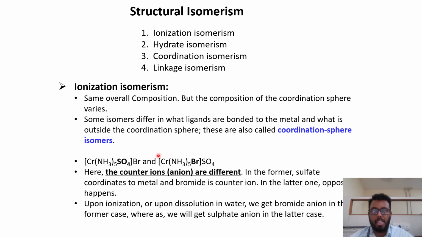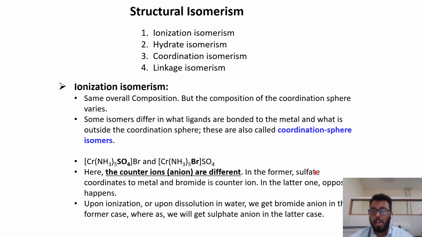As you can see, these isomers have the same overall composition, but the composition of the coordination sphere will vary. The main difference will be the ions present inside and outside the coordination sphere.